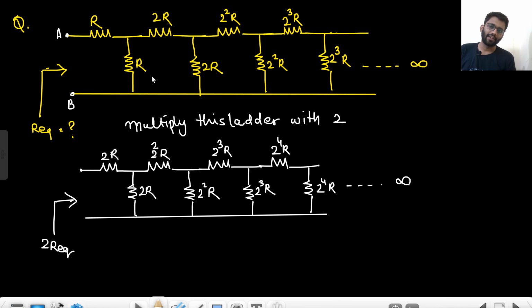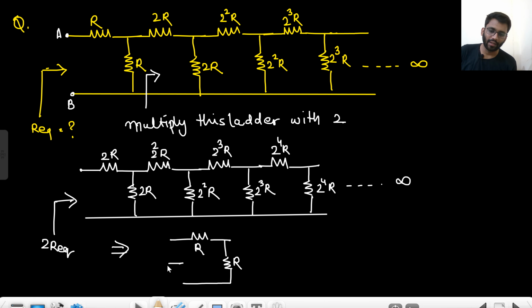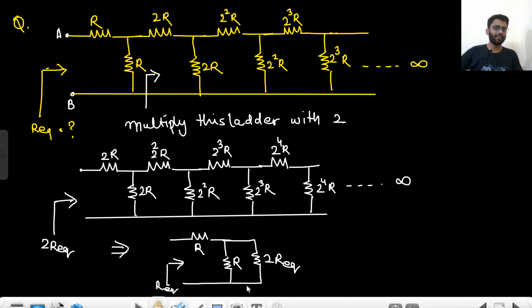So now if this is R equivalent, what do you think this is? This is 2R equivalent, because this ladder shows 2R equivalent. So finally between A and B, what can you do? This is R, this is R. You are calculating your R equivalent here, and from here what do you see? 2R equivalent, right?